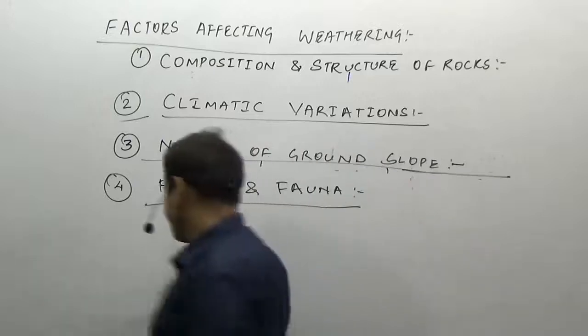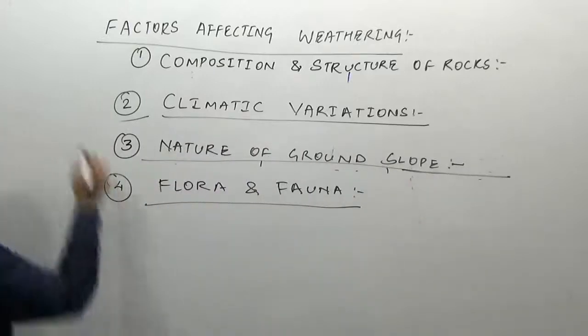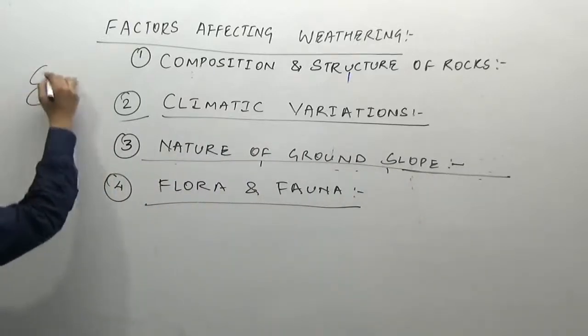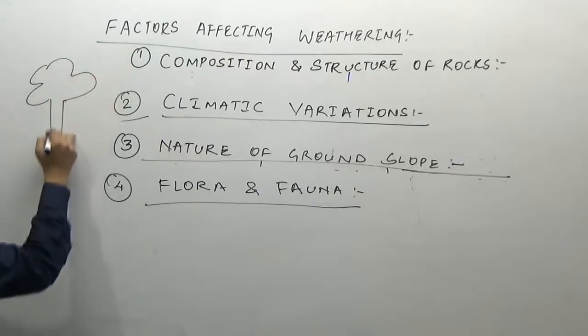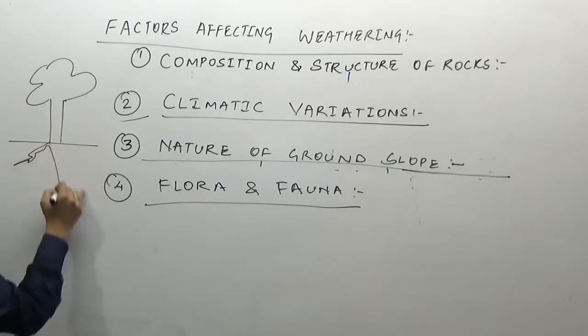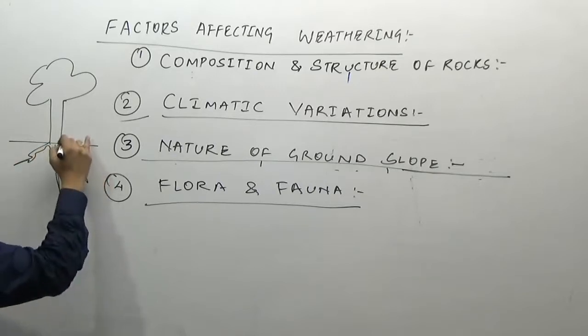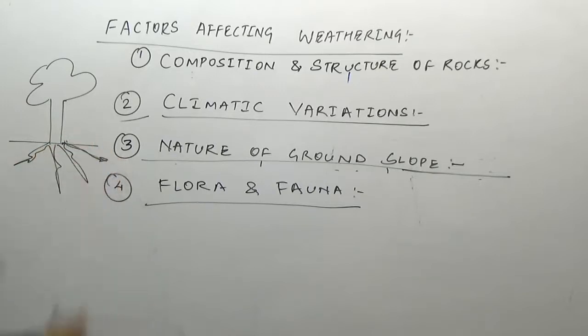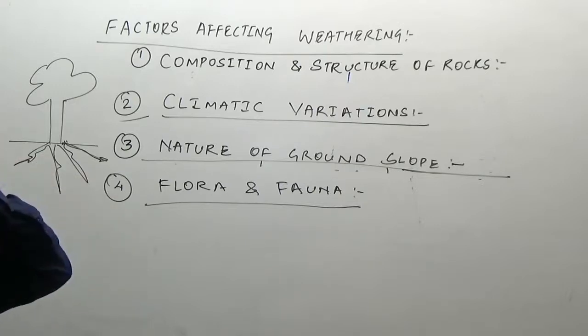See, if we look at this diagram, the tree which is here goes into the ground surface and it breaks the ground so that its roots are formed. So when it goes deep inside the ground surface, obviously the rocks here are broken, and as a result of the roots, the weathering process occurs.